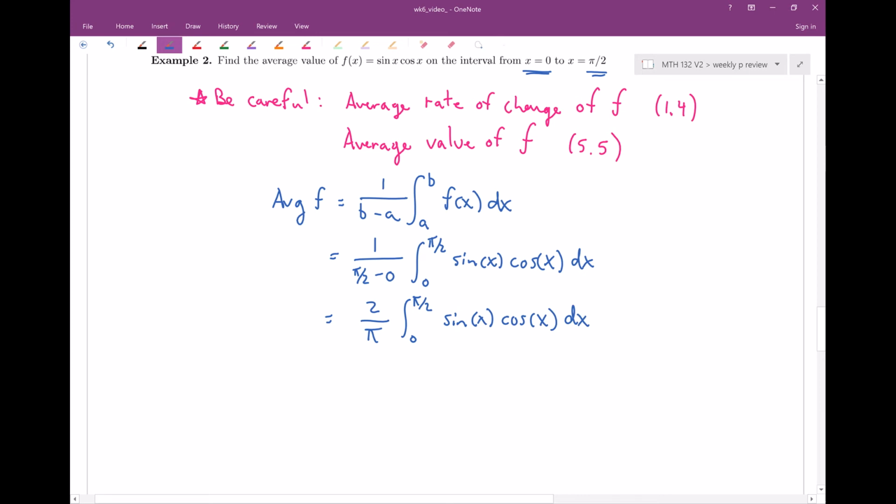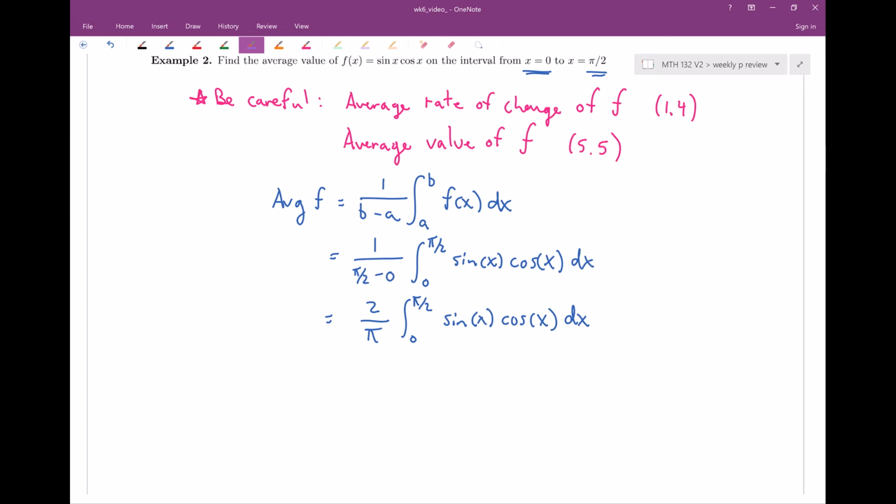And the claim is, maybe before this week we had no idea how to find the antiderivative of this. There's no product rule for antiderivatives. So we need to use something, and the most powerful integration technique that we have is U-Substitution. So if you don't know how to integrate something, I would try U-Substitution.